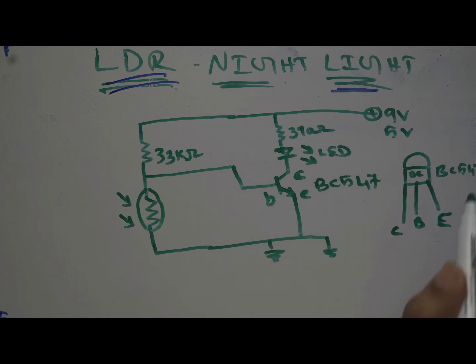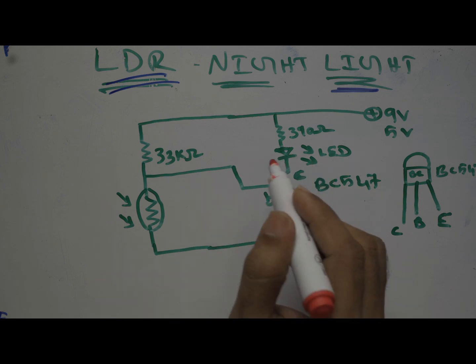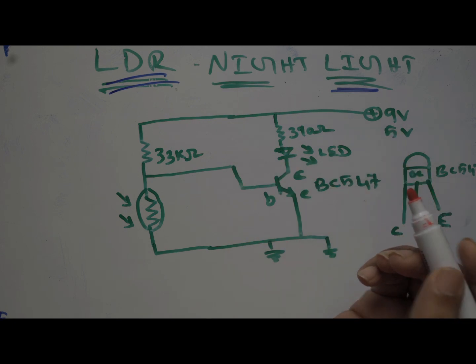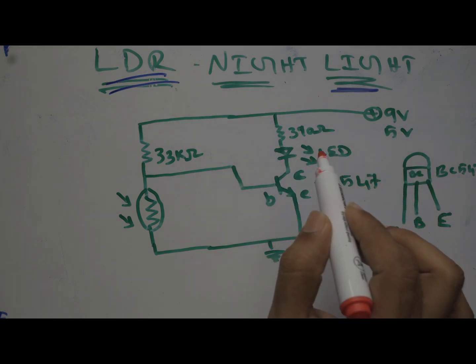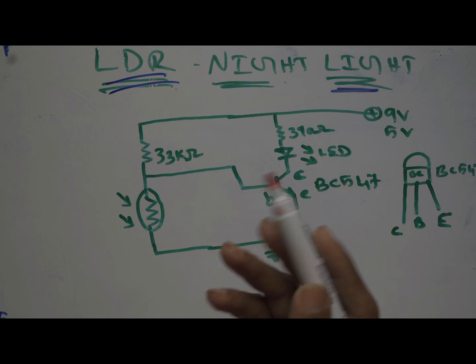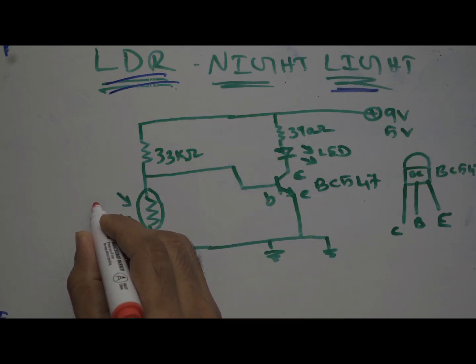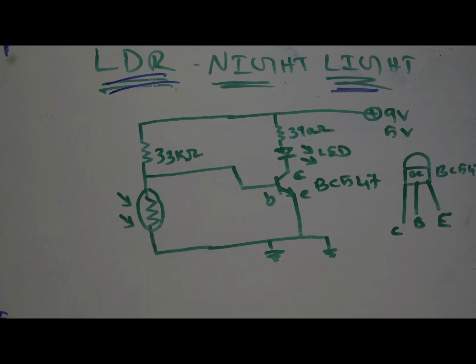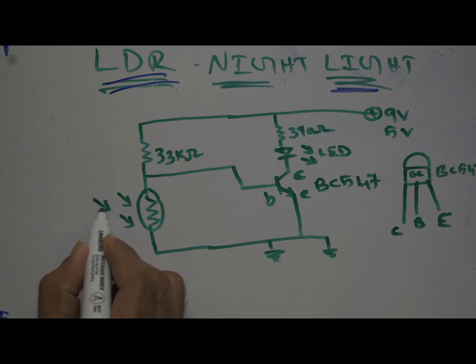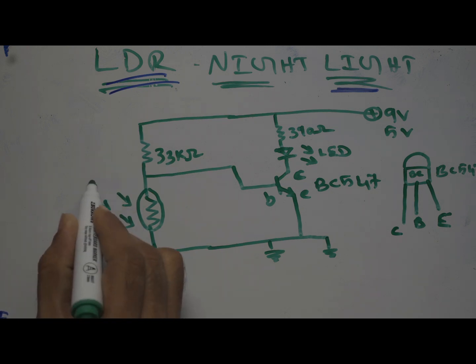So in normal circumstances, let's see how this LED is driven and lit on when there is light falling, how it normally operates. When there is ambient light, when there is more light, say for example, I am just adding an arrow mark so that you guys can understand.